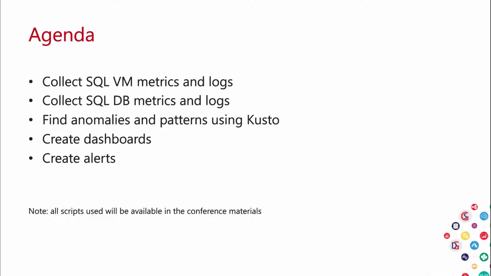You will see that it's pretty easy because Kusto has machine learning built-in functions, and you don't need to be a data scientist to figure out how to use it. Then we'll see how we can apply those concepts in the way we visualize the data with dashboards and create alerts when anomalies occur. And all the scripts that I use are going to be available in the conference materials.